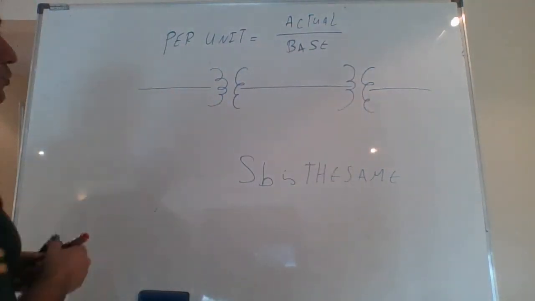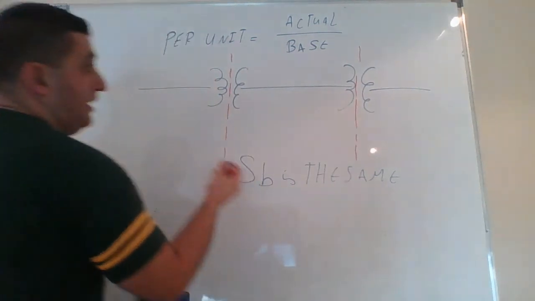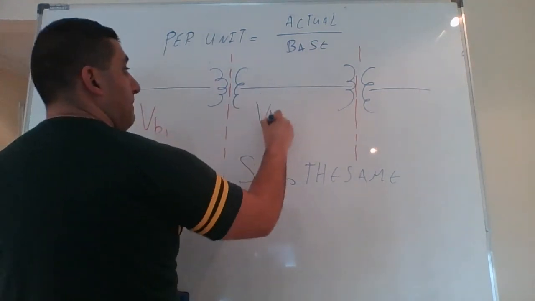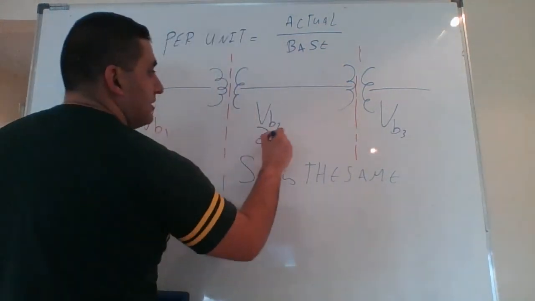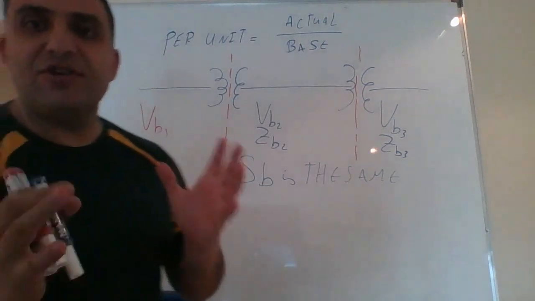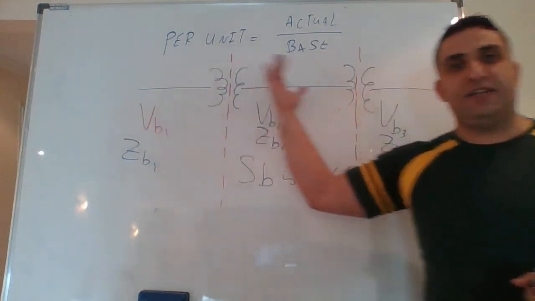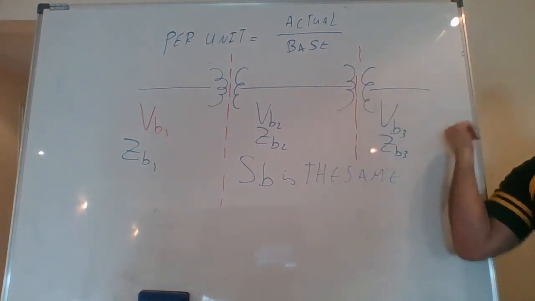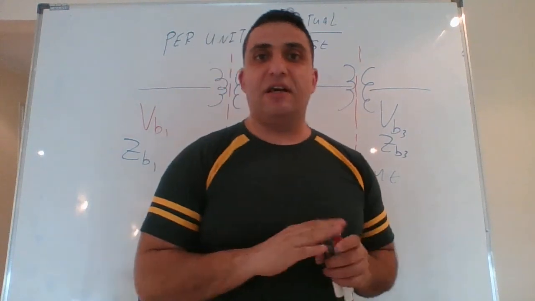However, when it comes to voltage, in this system I have V base 1, V base 2, V base 3, and Z base 1, Z base 2, Z base 3. So what does a transformer do to my per unit circuit? It will divide it into a primary side and a secondary side. In this second example, I have another transformer. This also will divide it into another base. Okay? I hope that's clear. And let's now do an example together.